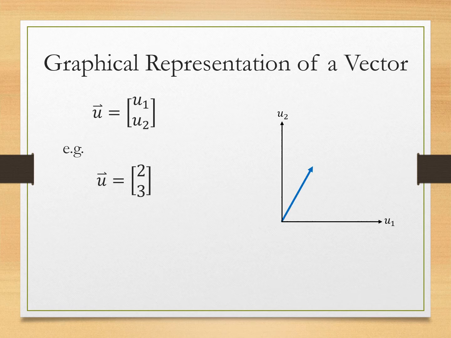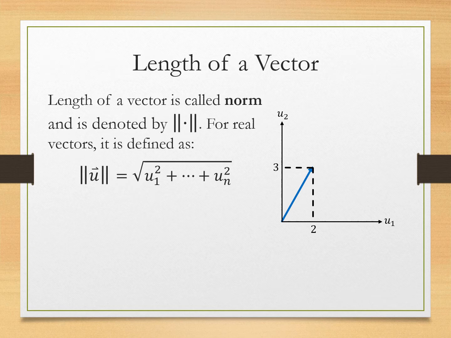Then this vector can be represented by an arrow pointing at the point where it takes on a horizontal value of 2 and a vertical value of 3. That's how you graphically represent a vector: an arrow starting from the origin, pointing towards a particular point.